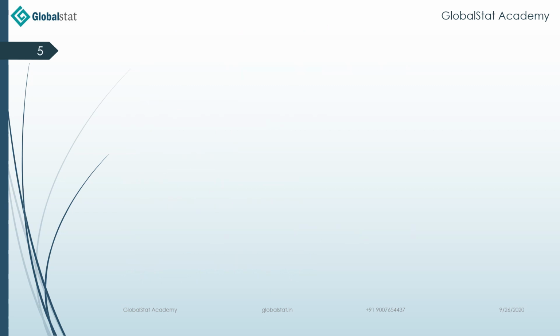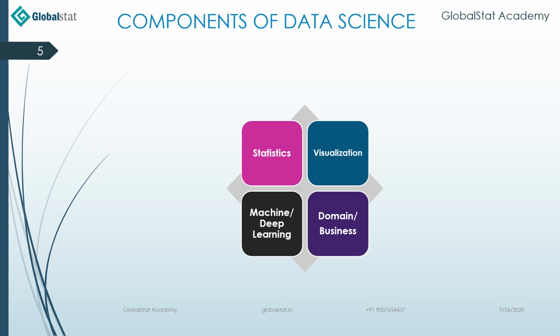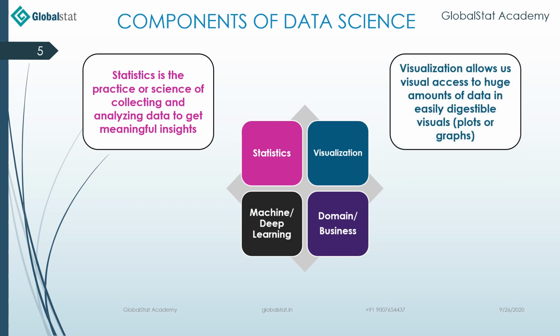Now we are going to discuss the components of data science. There are four components: statistics, visualization, domain and business, and machine and deep learning. Statistics is the practice or science of collecting and analyzing data to get meaningful insights.